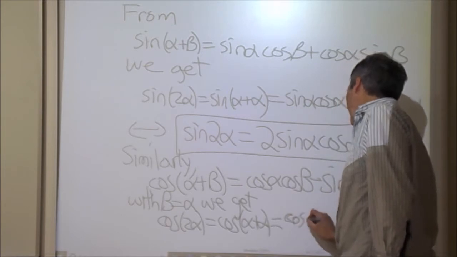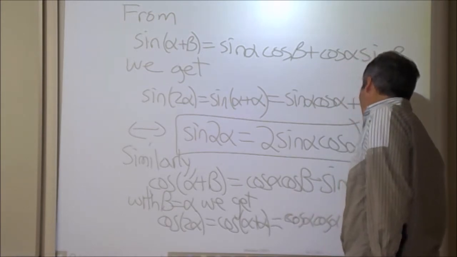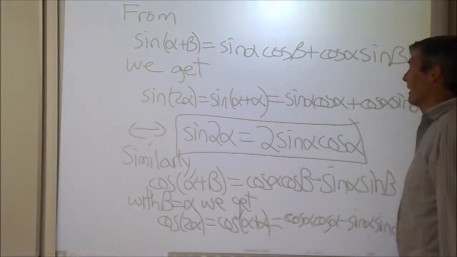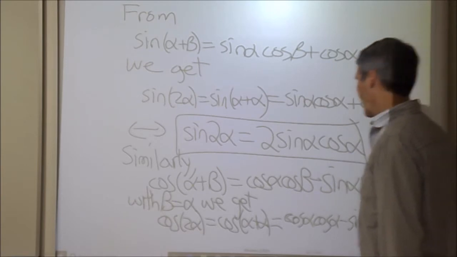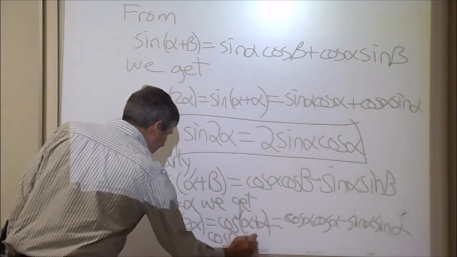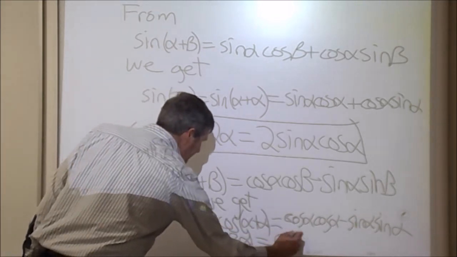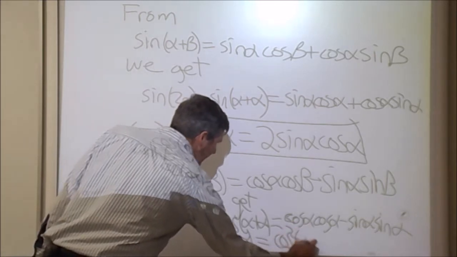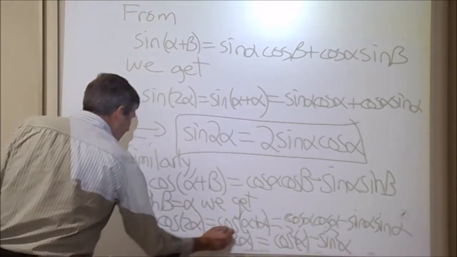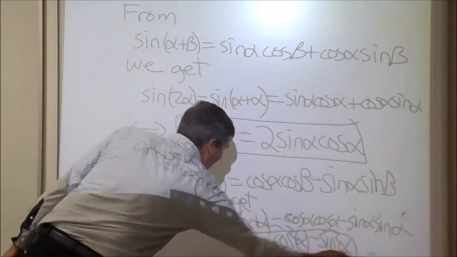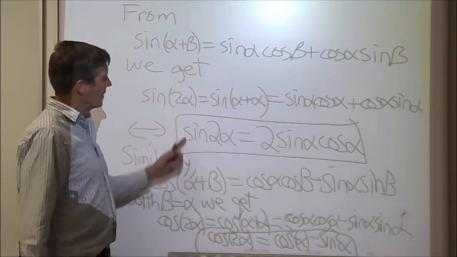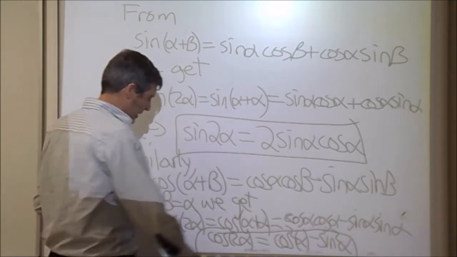So it's cosine alpha cosine alpha minus sine alpha sine alpha. Evidently, cosine 2 alpha is equal to the cosine squared of alpha minus the sine squared of alpha. There's the double angle formulas for sine and cosine.